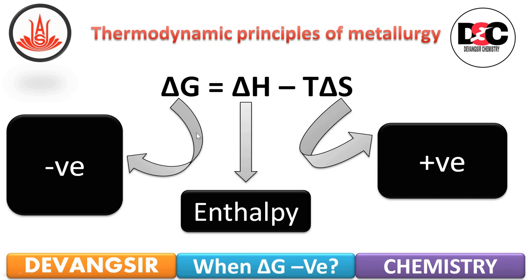For this, in the formula, delta S should be positive. If it is positive, then T delta S will be greater than delta H, so the value of delta G will be negative. So when the reaction takes place by itself, spontaneously, delta G will be negative and delta S will be positive.